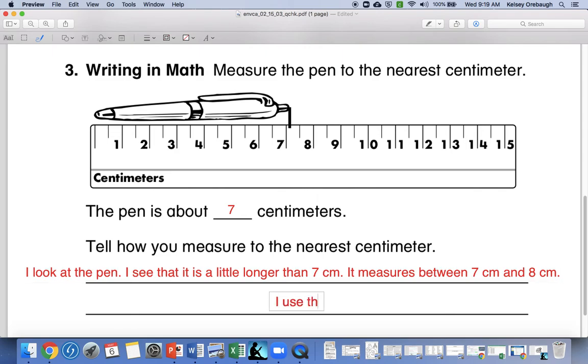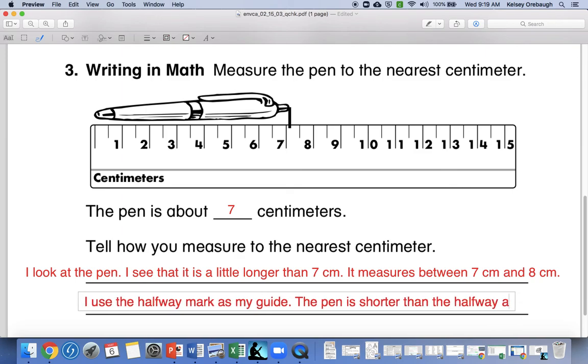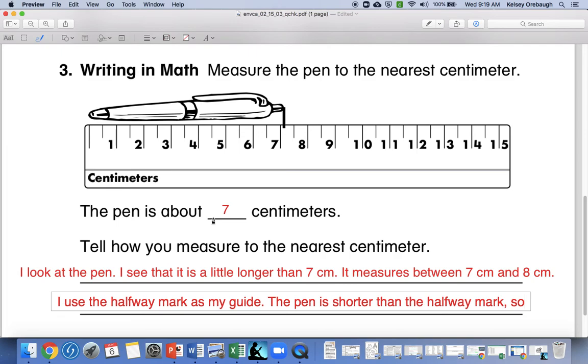I then use the halfway mark as my guide. The pen is shorter than the halfway mark, so we say the pen is about 7 centimeters.